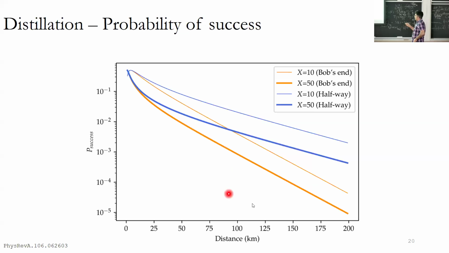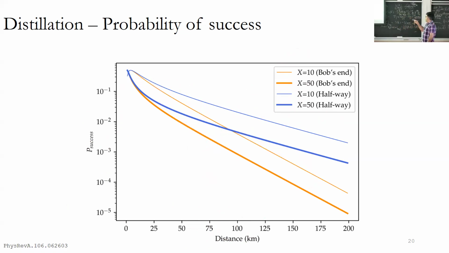As you can see here, this is the translation of loss to distance in fiber. You see that for both cases, when x equals 10 and x equals 50, when the relay station is in the middle, you can improve the probability of success.